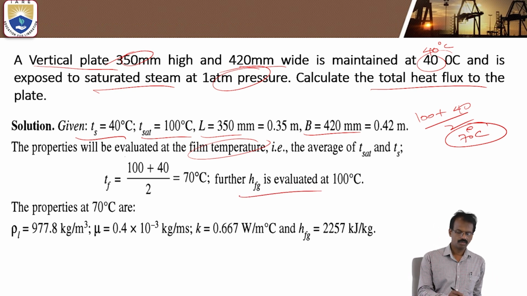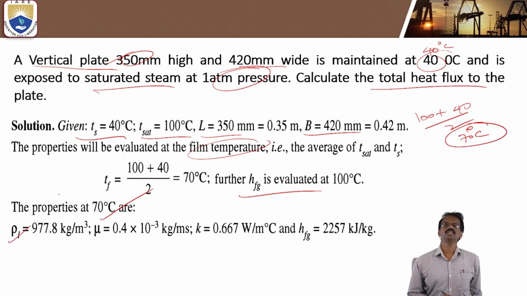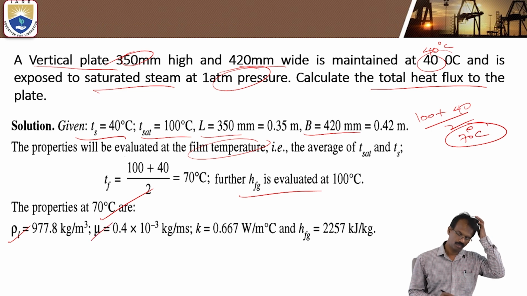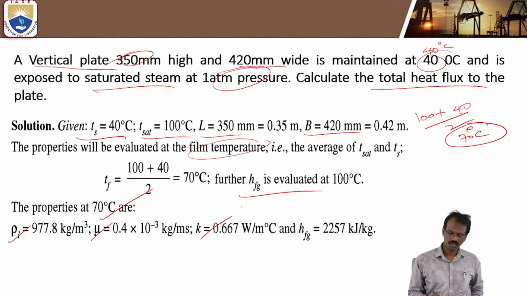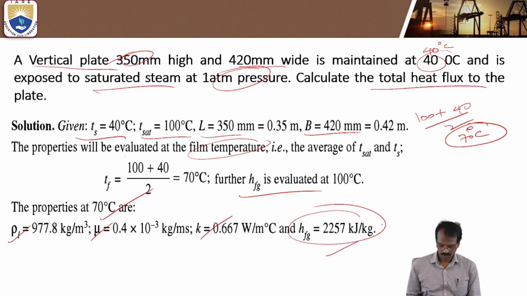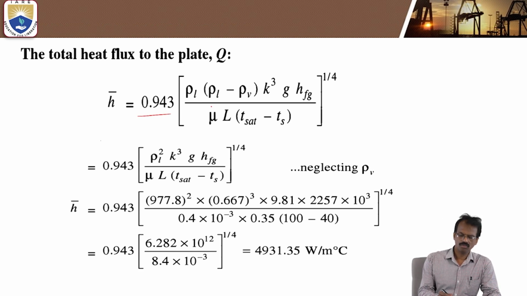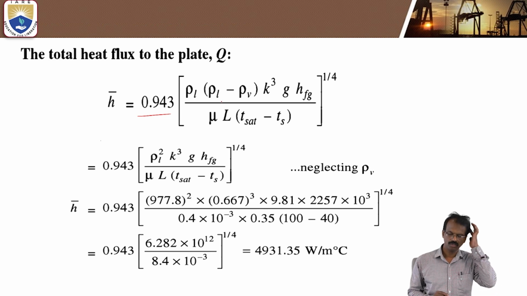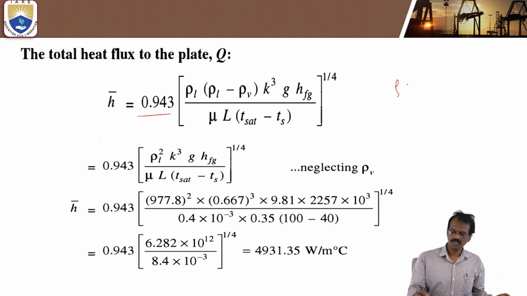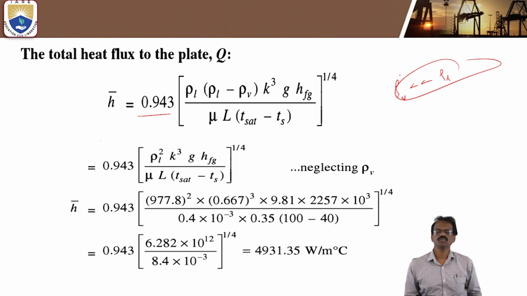Okay, the properties at 70 degrees Celsius: rho L liquid density, dynamic viscosity, thermal conductivity, and hfg also we can take. Using these parameters, we can first find out h bar. h bar is equal to 0.943 rho L into rho L minus rho V. Here rho V is very small compared to rho L, the density of the liquid, so you can neglect this.